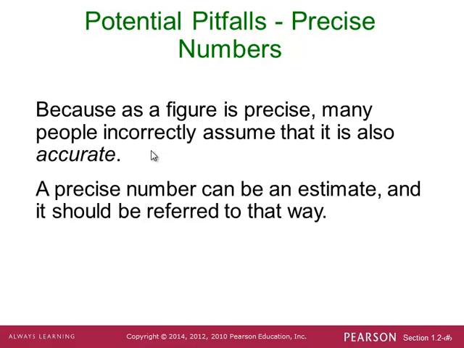And the answer is no. So just because you report that 66.23475% of your sample said yes, that they support Smith for governor, doesn't necessarily mean that it's an accurate number. It's a very precise number. So I would just report it as 66%.